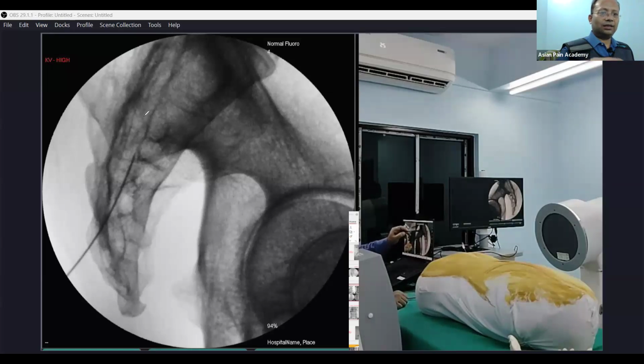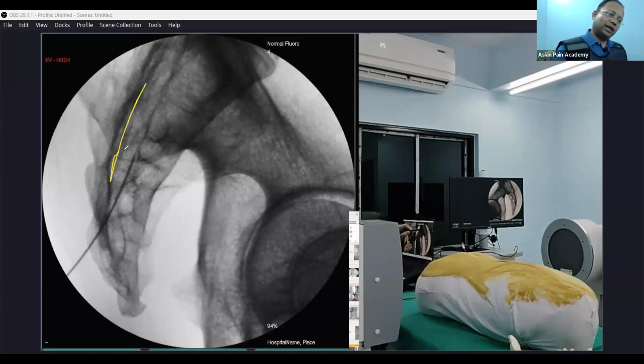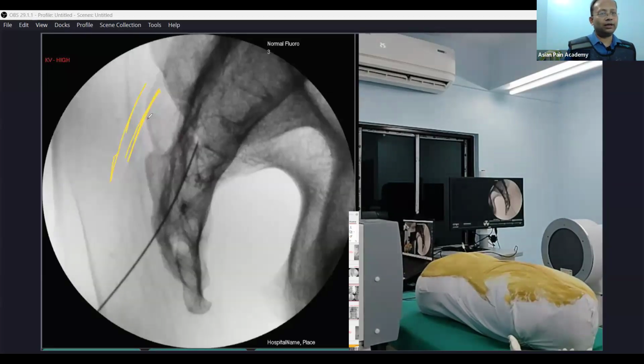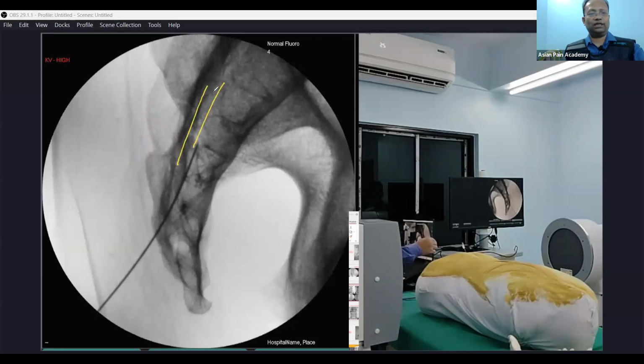You cannot understand which one is the epidural space, and here also this picture is not very clear. So again, make it true lateral, and you will see. The lucent area will become clearer if it is a true lateral view. So it is a clearer view, with a more lucent area.